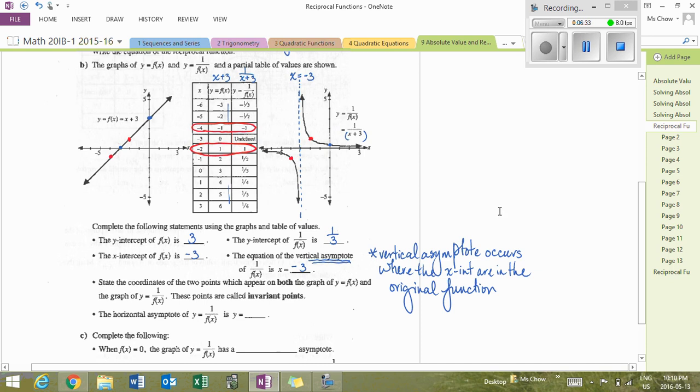If I were to take this graph of the reciprocal and transpose it on top of my other graph, those 2 points are exactly the same. So invariant points are the same in both functions.